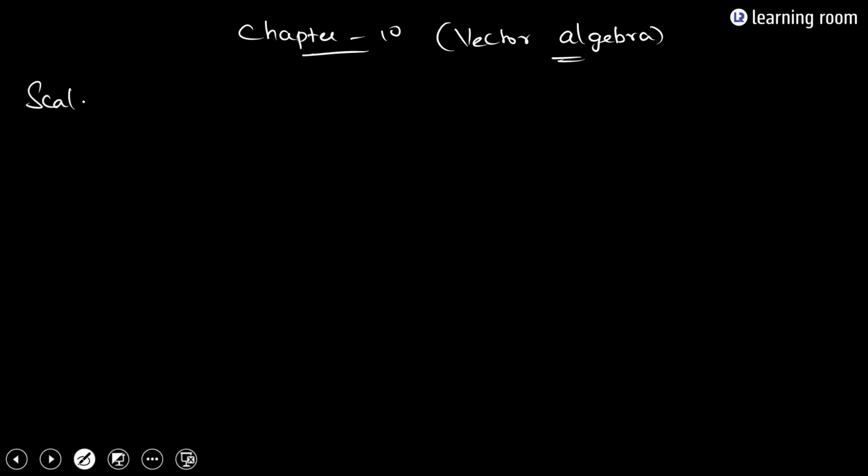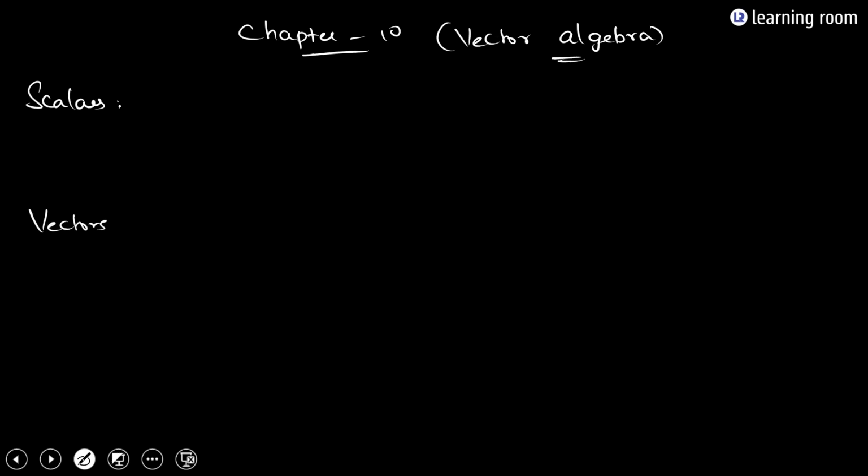Write down the heading as chapter 10, vector. So here we already know what are scalars and what are vectors.